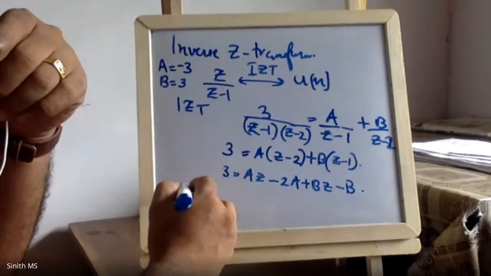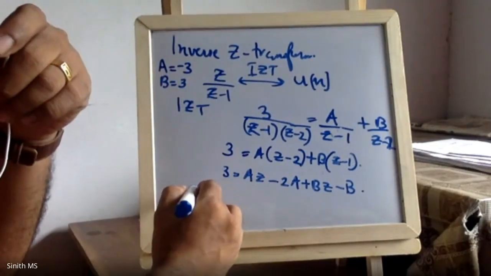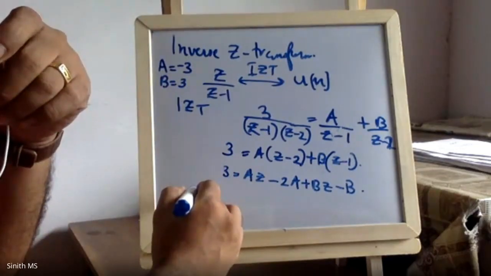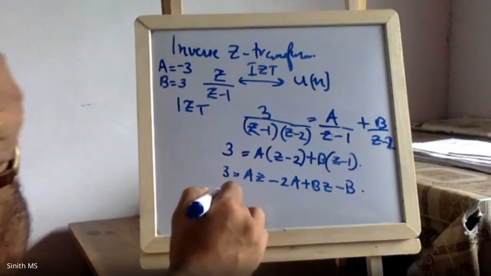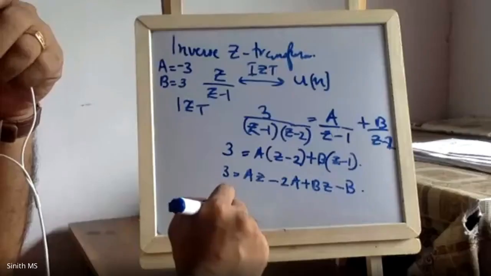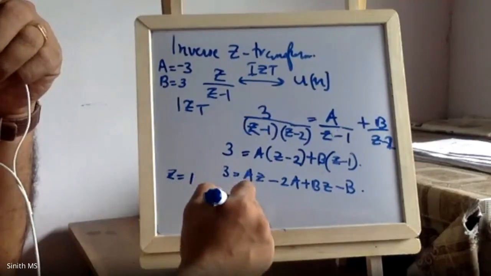Yes, put z equal to 1 and 2. You can put z equal to 1. Then what happens?